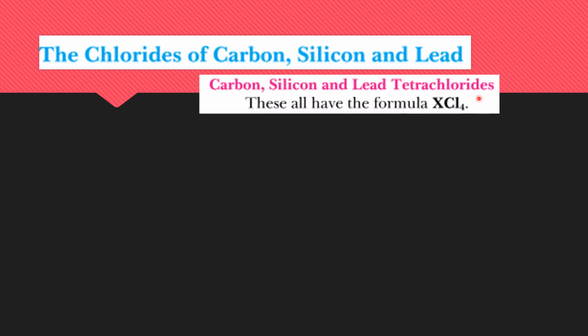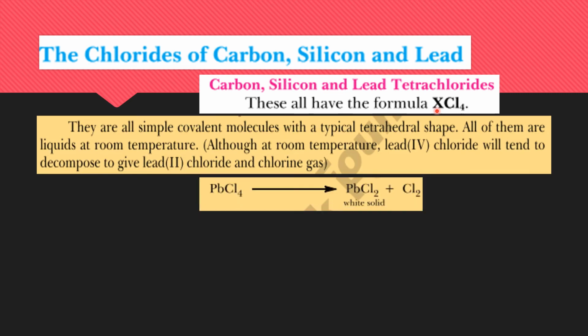Carbon, silicon and lead tetrachlorides all have the general formula XCl4, where X is carbon, silicon or lead. They form tetrahalides, and all these tetrahalides are covalent molecules with a tetrahedral shape. All of them are liquid at room temperature.